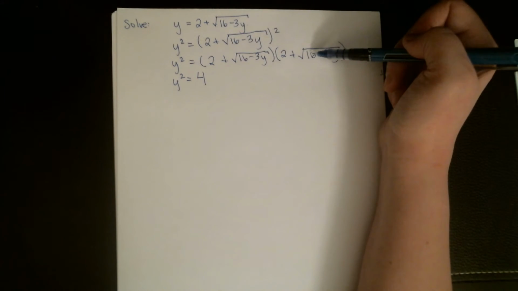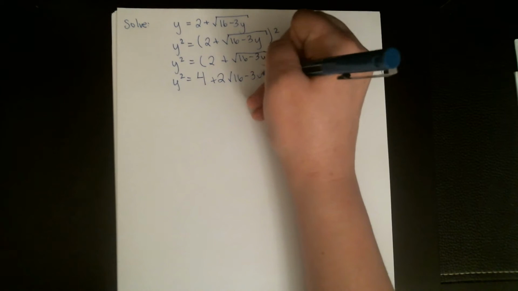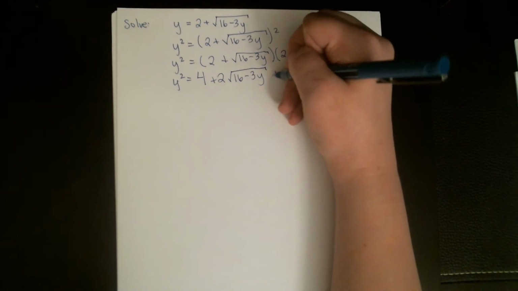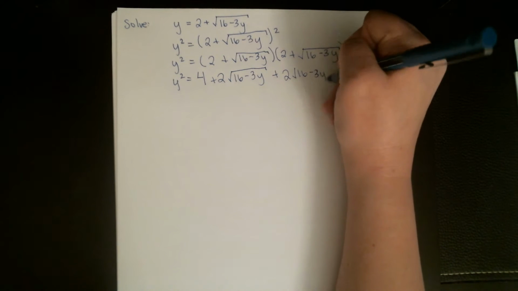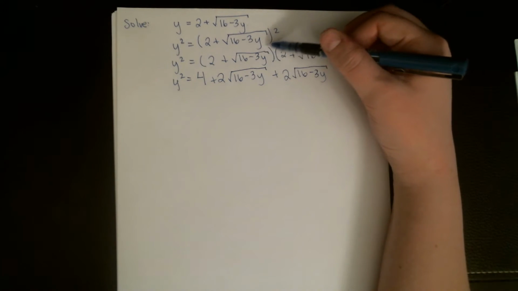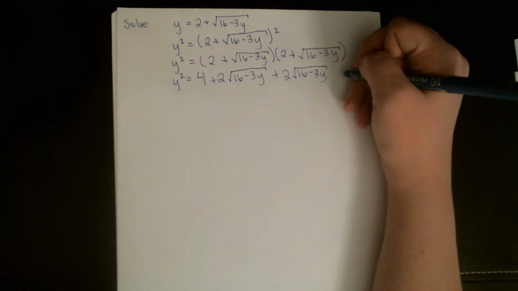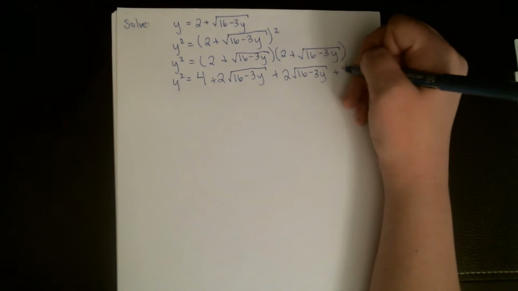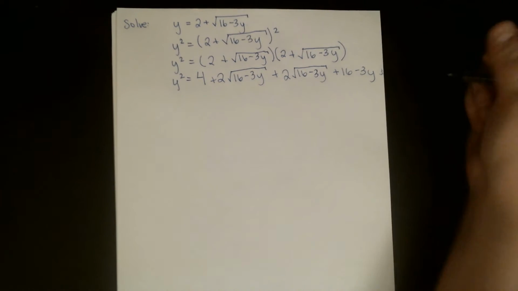I get 2 times the square root of 16 minus 3y for my outside term, and I get another 2 times the square root of 16 minus 3y for my inside term. The last actually works out nicely as well. I get the square root of 16 minus 3y multiplied by itself. So we're getting the square root of 16 minus 3y squared, which just leaves us with the 16 minus 3y.